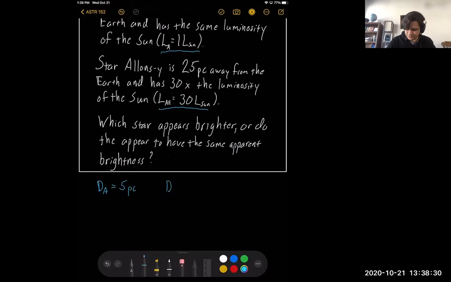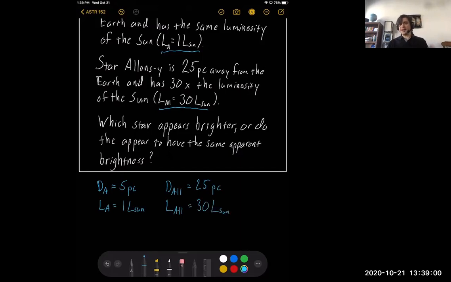The distance for Alonzi is 25 parsecs. And let me go ahead and write down all the information. The luminosity of Alonso equals 1 solar luminosity. The luminosity for Alonzi is 30 times the solar luminosity.